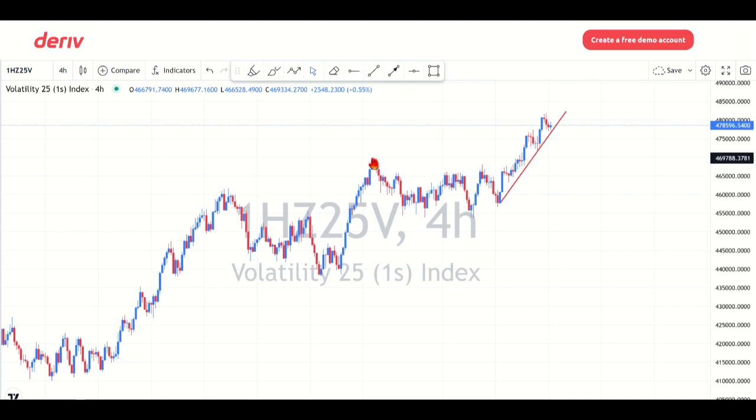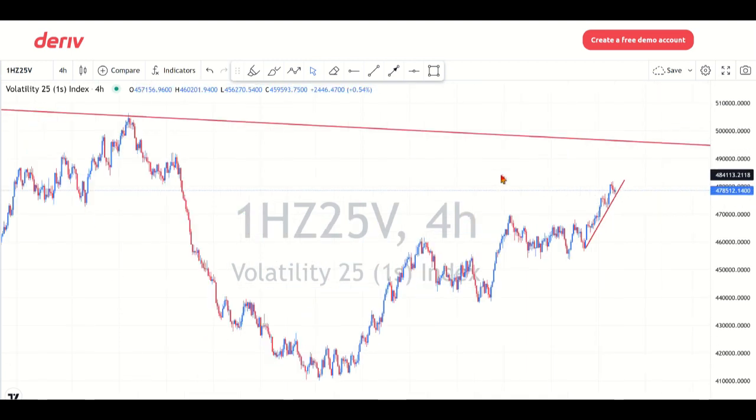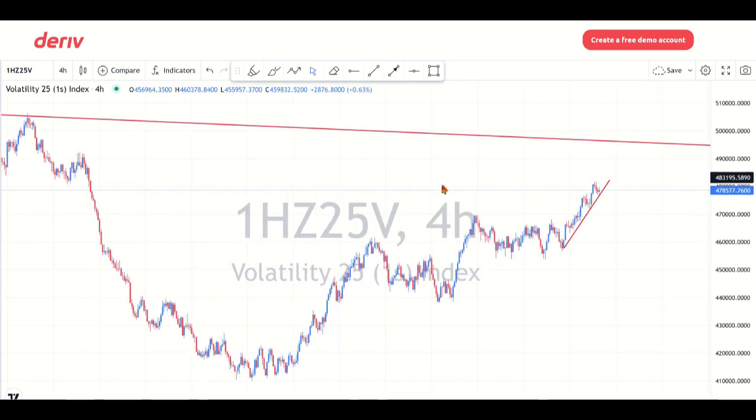It looks like there are more buyers in the market, then fewer sellers here, and now fewer buyers. This could signal slow movement in the market. But don't forget, our trend still stands from here to here.